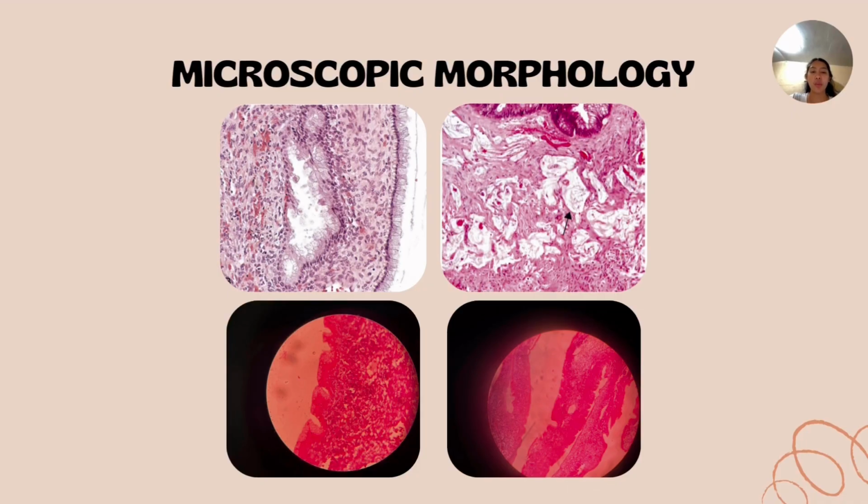So the left upper photo is columnar cells lining the cyst, and the right upper photo is the histology of peritoneal implants from an appendiceal tumor showing mucin-producing epithelium and free mucin. That is what the arrow is pointing to.